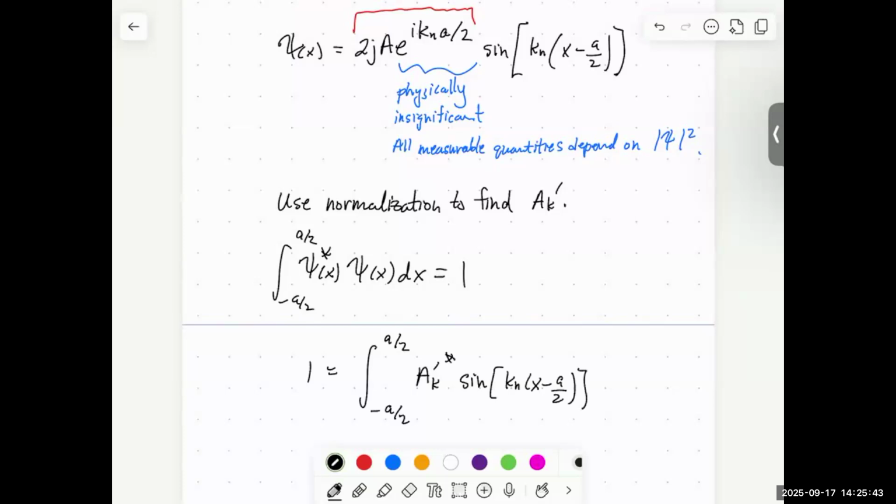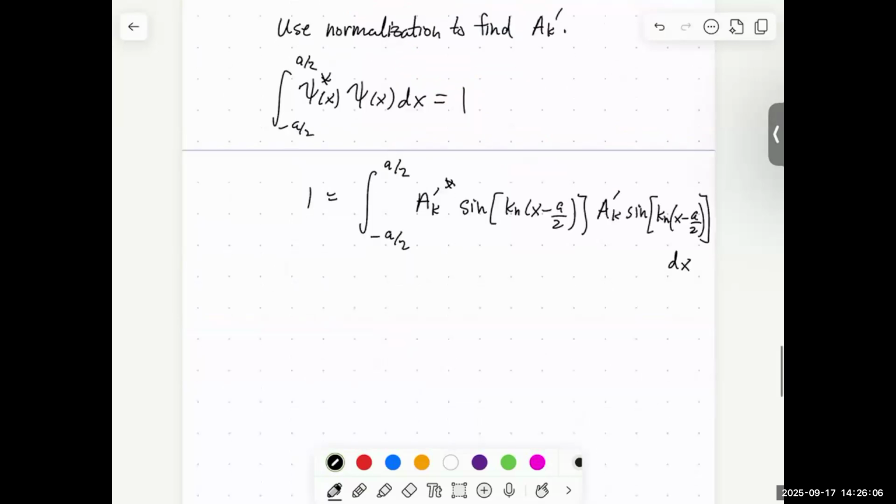And then we multiply by the regular wave function, A_k prime, and we get another factor of sine k_n (x minus a/2) dx. So we get the absolute value of A_k prime squared, the integral from minus a/2 to a/2 of sine squared k_n (x minus a/2) dx. All right.